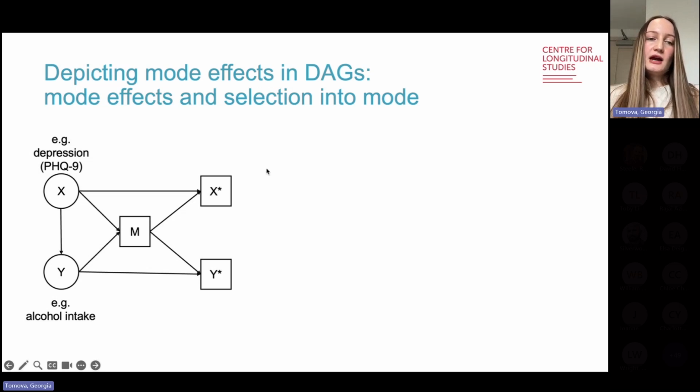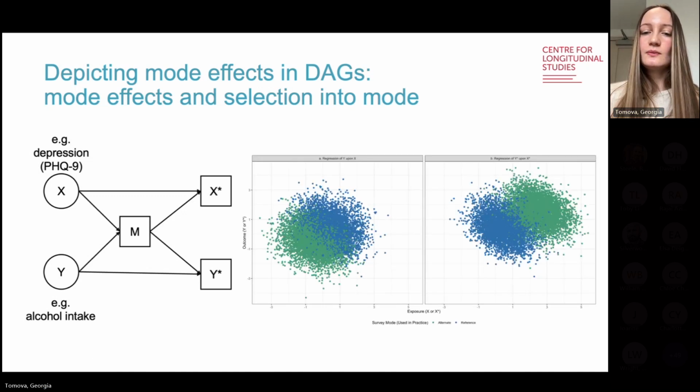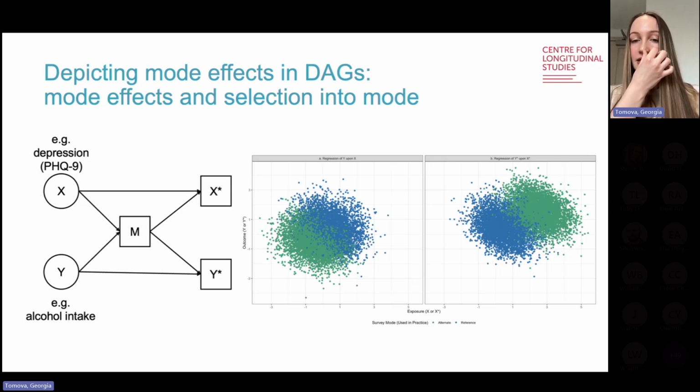And again, we start with the assumption, and the data that we've simulated, that there's no relationship between the two in reality, just as an illustrative example. And what we would see in this case, where both mode effects and mode selection are taking place, is that before we've even done any adjustment, we can see that the regression lines are slightly different.